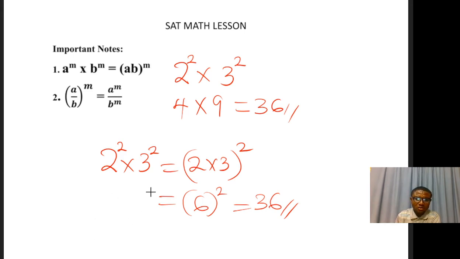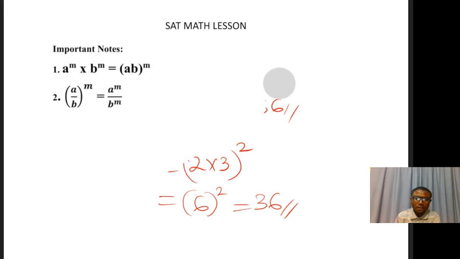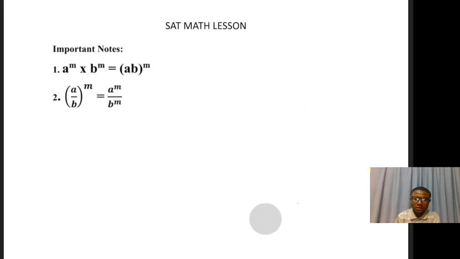Then for the second one, same thing here, but this one is a quotient. Or when you have, for instance, 2 to the power of 3 divided by 3 to the power of 3.